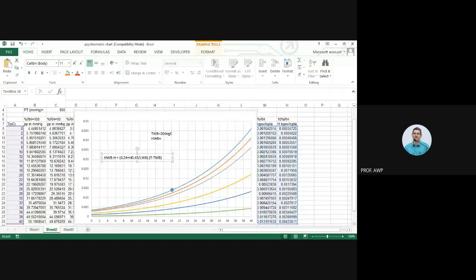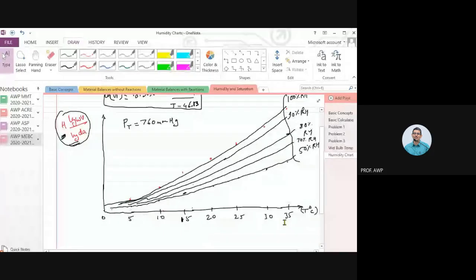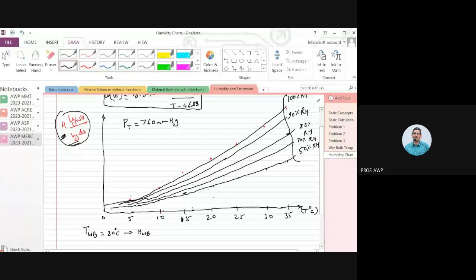Okay, let me just go back to my notebook. I think it is better to explain in the notebook. Suppose I say TWB is 20 degrees centigrade. Correspondingly, I would calculate the HWB, and that point would be here, corresponding to 20 degrees centigrade.